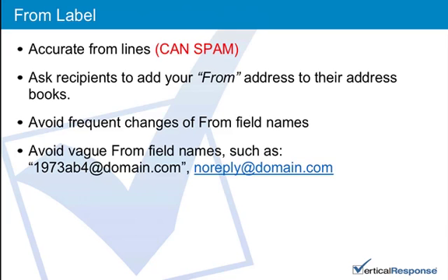Also, if you did manage to get your email address into their address book, if you change it, that's going to change the address in the address book, and so again, you could see your inbox placement drop. The last one is kind of a tip if you're not using VerticalResponse. Try not to use things like no reply at or some random from address. It makes it hard for your recipients to know who's sending the email.